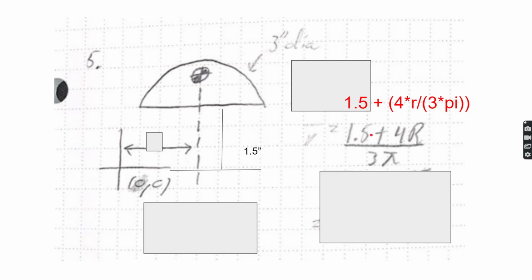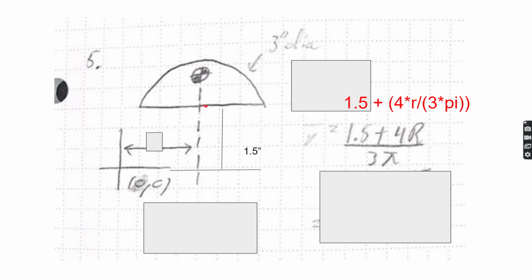This 1.5 does not get added to the top. It should be 1.5 plus the formula as a whole, unchanged, 4 times r divided by 3 times pi. Okay, so don't add the distance it takes you to get to the bottom of the semicircle to the top side of your formula. Make sure you put that outside your formula.